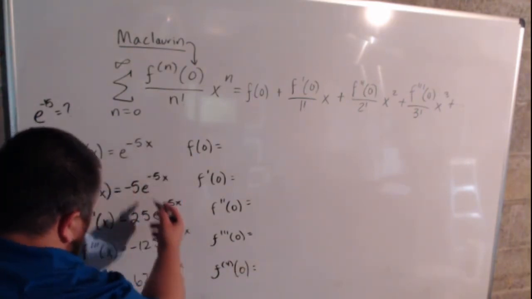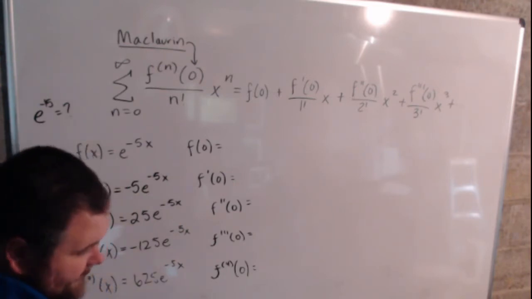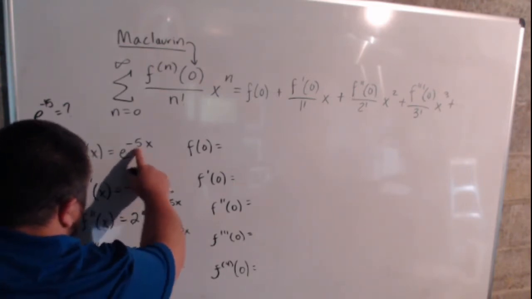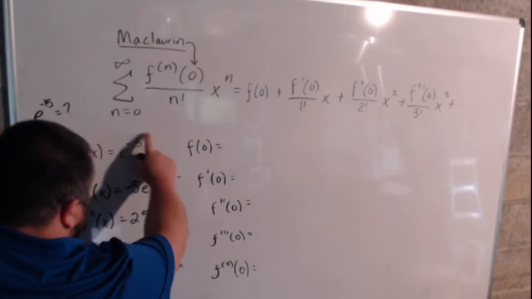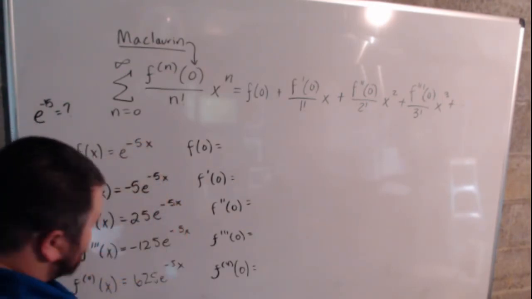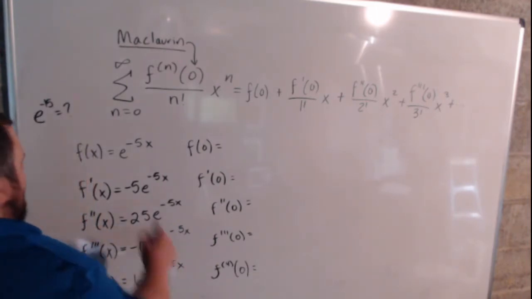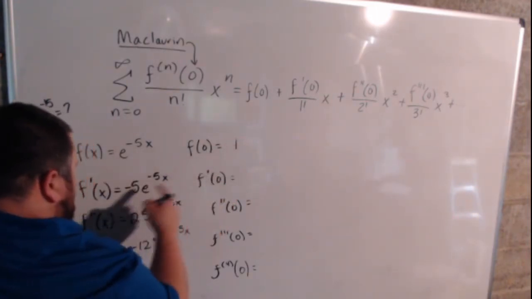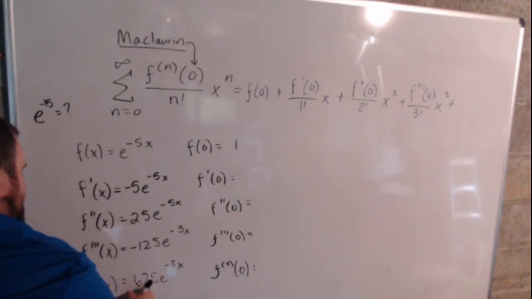So all these are exponentials, so they're really nice when we plug in 0, right? E to the minus 5 times 0, that's e to the 0 power. And we all know e to the 0 is just 1. So this one is 1. And then all of these just become their coefficients.